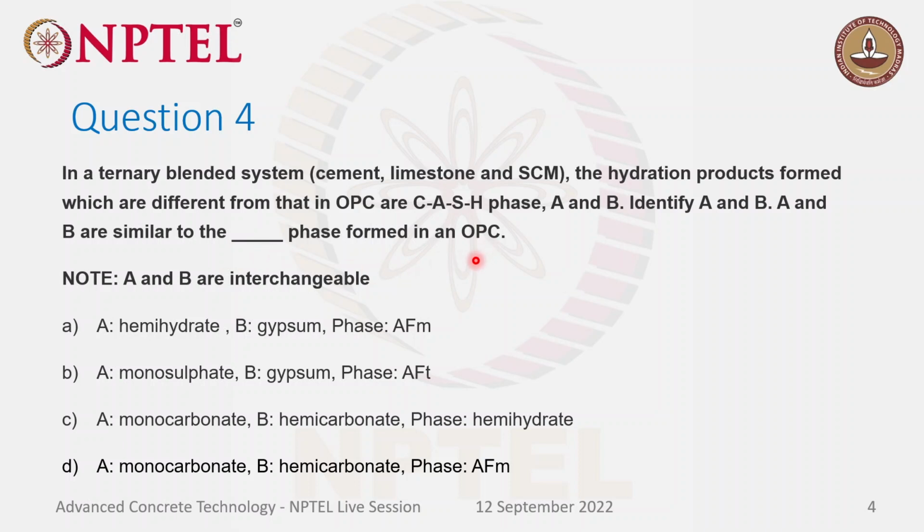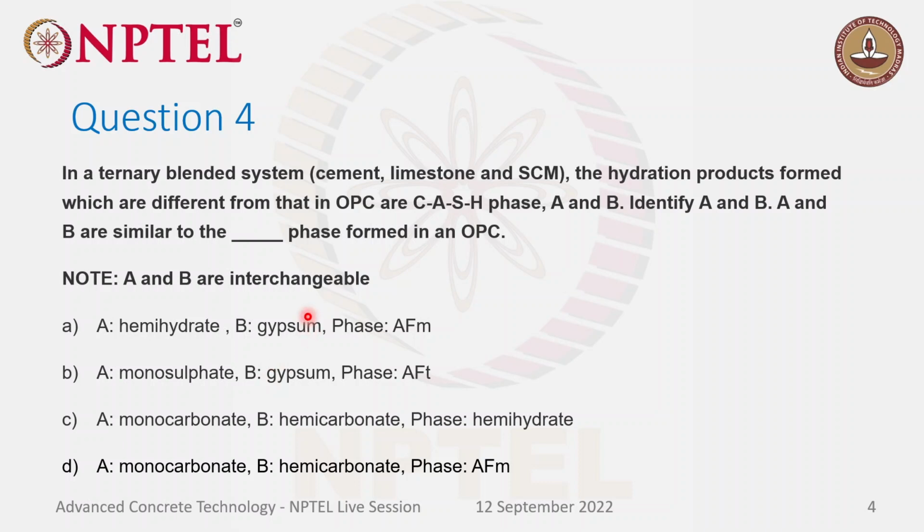So if it's only OPC, there is a particular phase formed. From these four options we can see it can be AFt or AFm or hemihydrate or AFm. But if it's a blended system, it's not going to be AFt or AFm in any case. That's going to be different. That you have to find out.